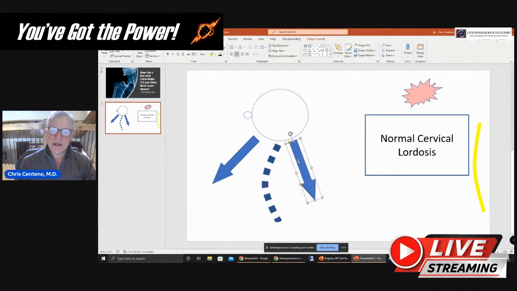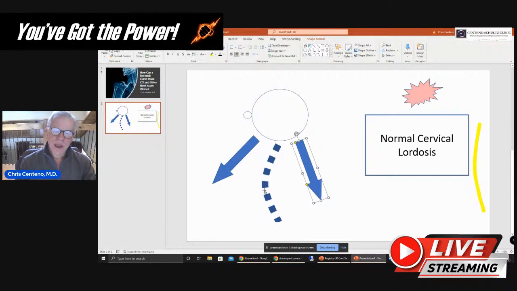And that's really the goal of that cervical lordosis. It also takes some of the weight from the front area off the discs, and it distributes that 50-50 into the facet joints back here. So that's perfect neck curvature. And again, there's a reason for it, because it's balancing the forces of the head.